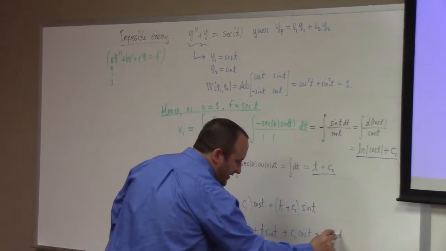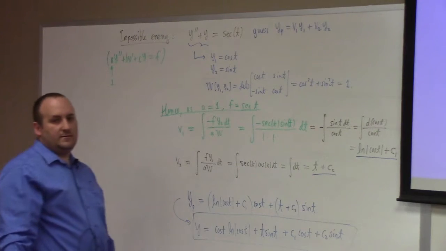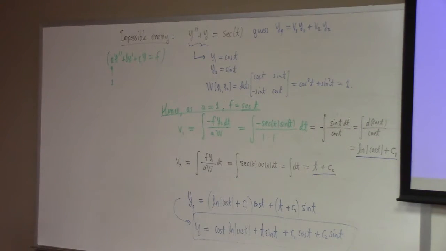What I'm trying to tell you guys is you have choices. If you add constants in v1 and v2, those will become the constants in the general solution, right? You don't have to add constants in the integration in equation 10. If you don't, it's fine. The constants just come from the general theorem I wrote at the start of today.